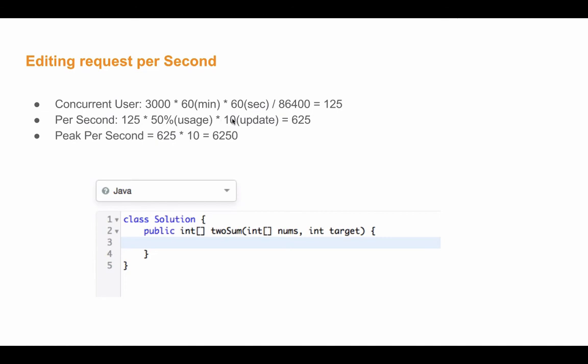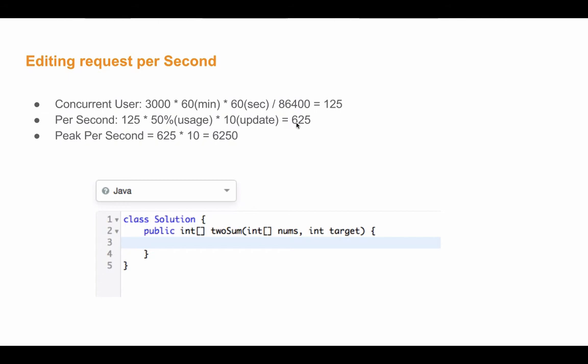Then times 10: when I edit the code, it will send an edit request to the server. But the server also has to update the other collaborators, so we assume 10 is the number of updates the server has to do. So we got 625.